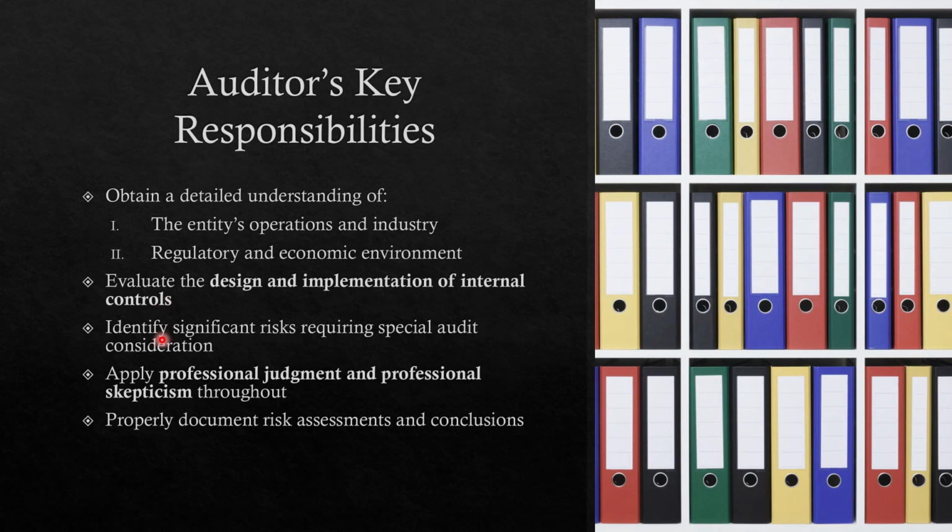They must identify significant risks that require special audit attention and apply professional judgment and professional skepticism, meaning they should question information rather than accept it blindly. Finally, all risk assessments and conclusions must be properly documented.